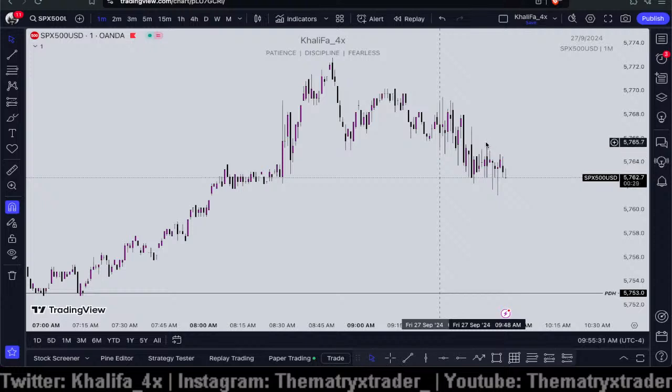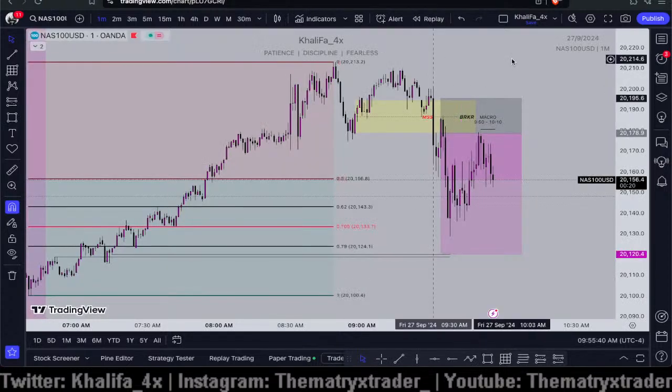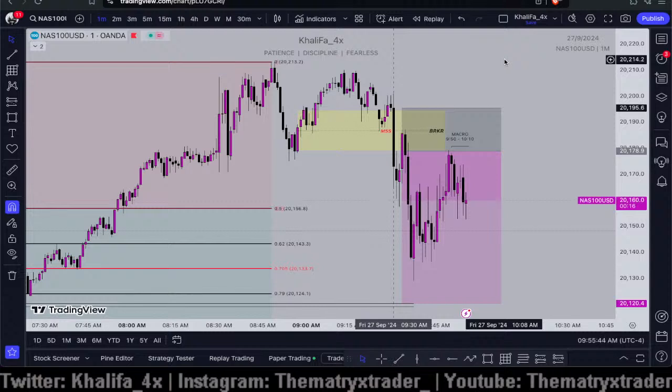Doesn't matter for buy or sell, it does not give us an entry. So you will be sure that the entry should not be in the SPX, the entry should be in the NASDAQ. That's what I have observed. I'm just telling you my observation, nothing else.